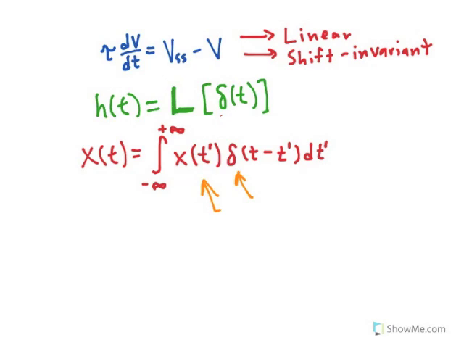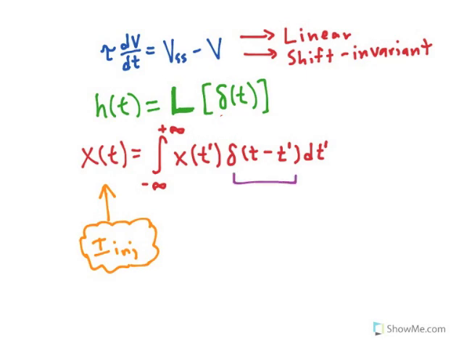So the input signal x of t, which in our case we're thinking of as I, can be represented by a bunch of delta functions which are shifted. So you're shifting the delta function in time by some factor t prime, and you're scaling it according to the magnitude of the input function at that time t prime.